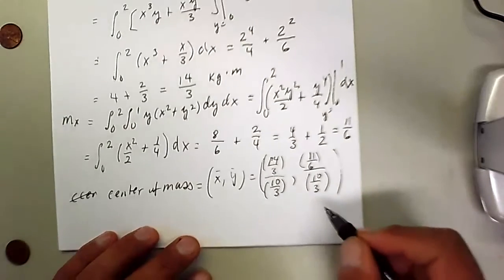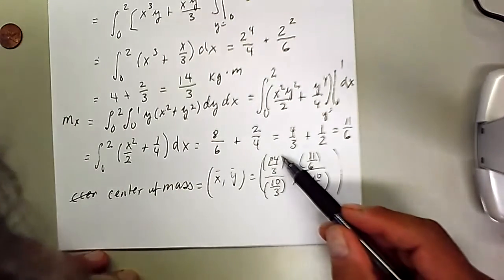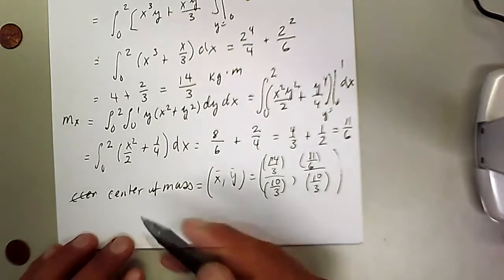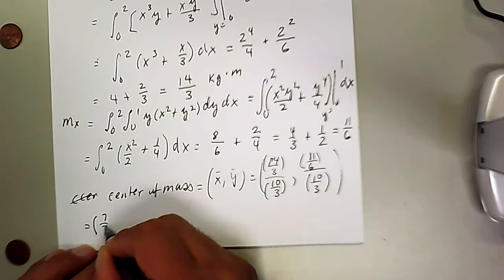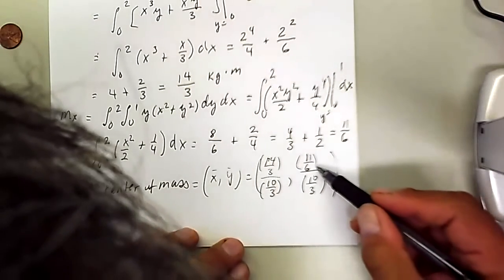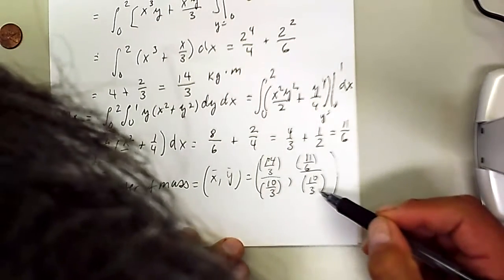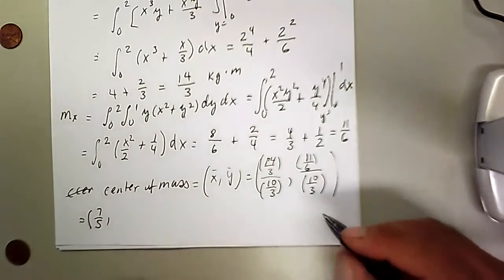And then we simplify, of course. That is going to give us 7 over 5, comma, the 6 and the 3 simplify, so we still have a 2, 11 over 20.